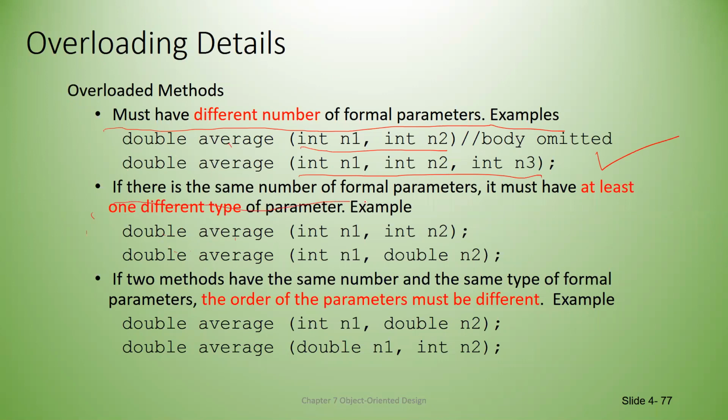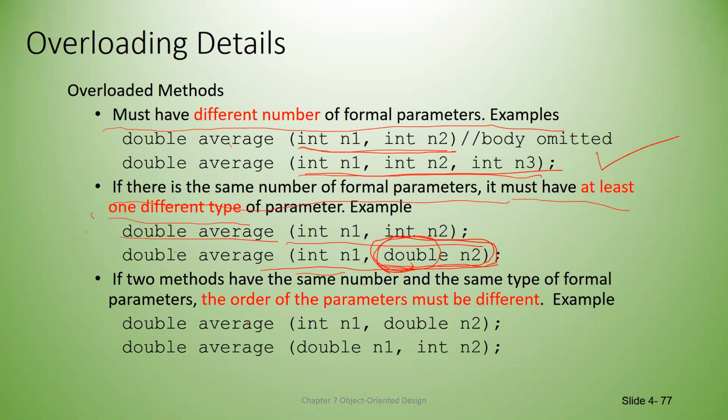If there is the same number of formal parameters, it must have at least one different type. So double average. The same number of parameters, 2, but then you must have one that's different. This one differs in number. This one, the same number, but the data type is different.